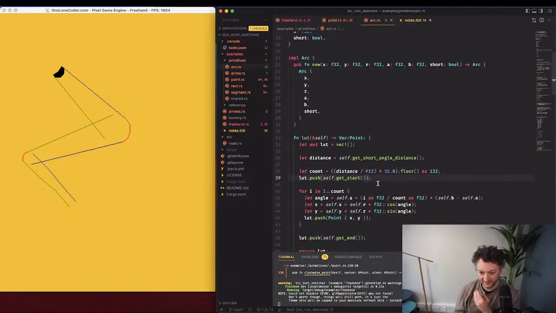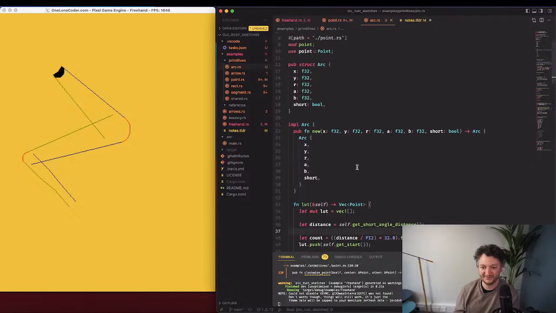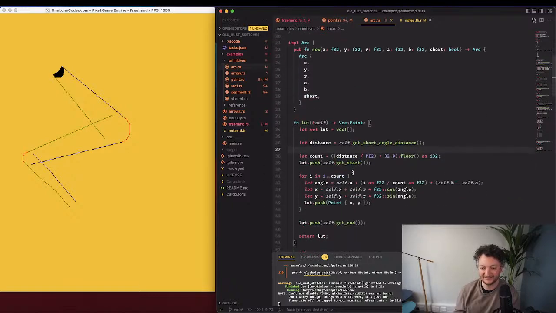If we're doing the long angle, then hold on. This is so hard to do.